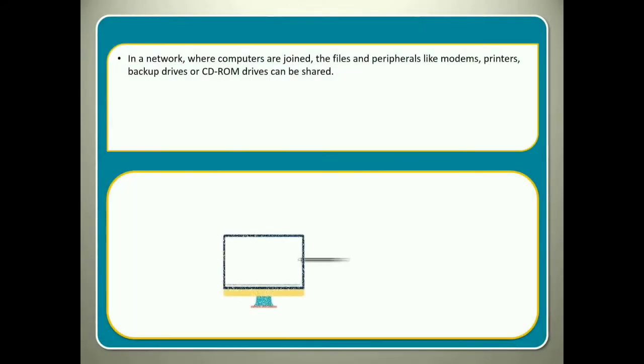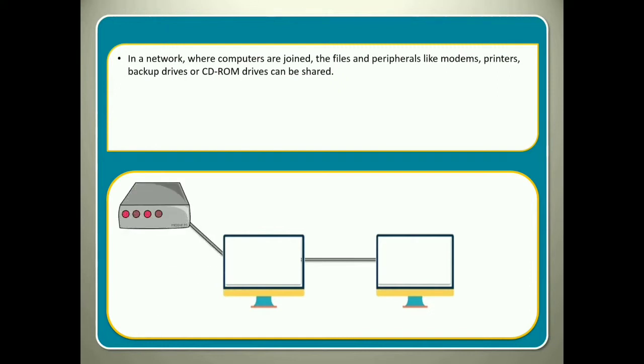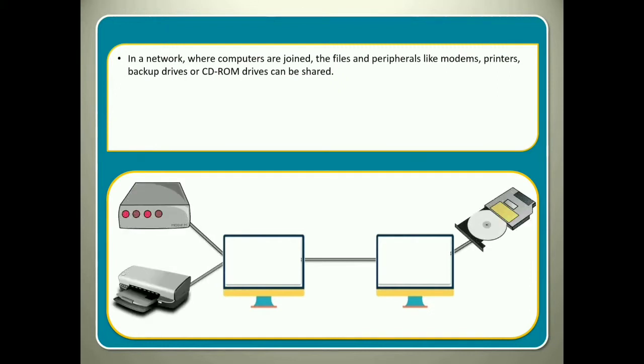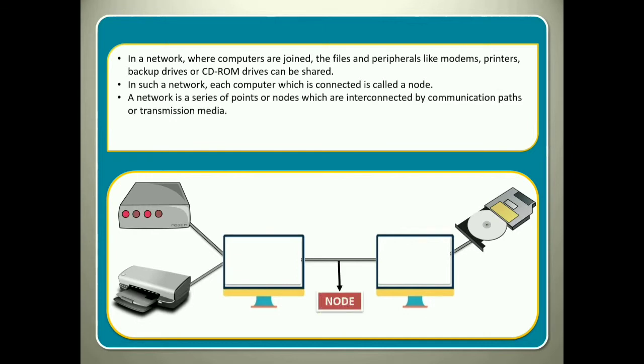In a network where computers are joined, you can share files and peripherals like modems, printers, backup drives, or CD-ROM drives. In such a network, each computer which is connected is called a node. Thus, a network is a series of points or nodes which are interconnected by communication paths or transmission media.